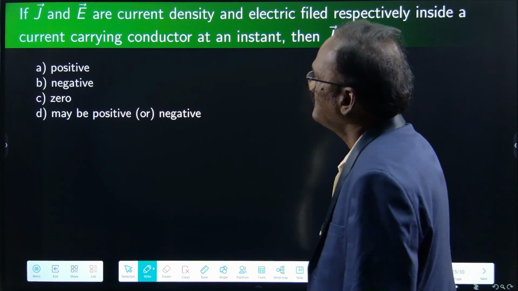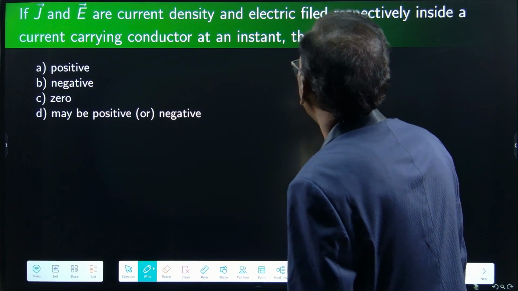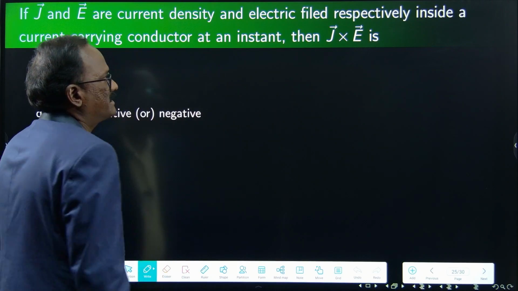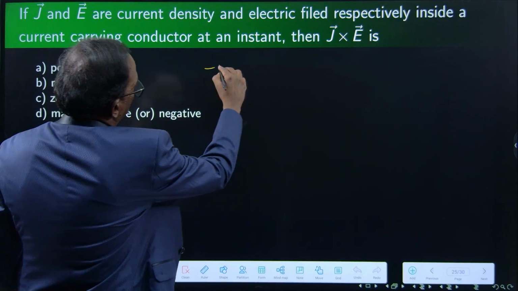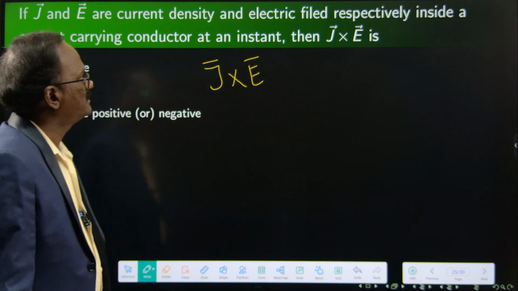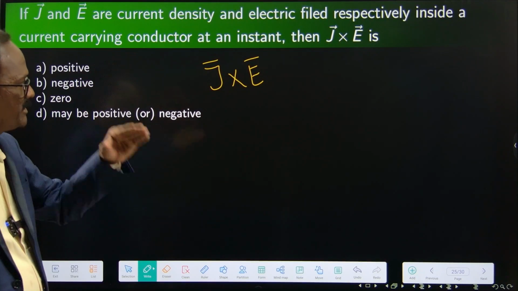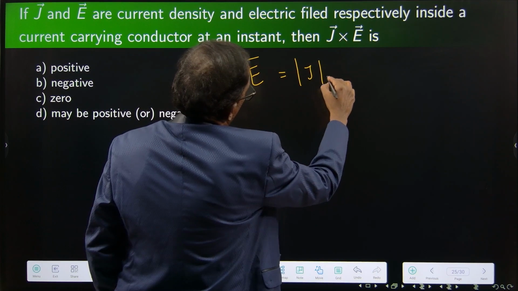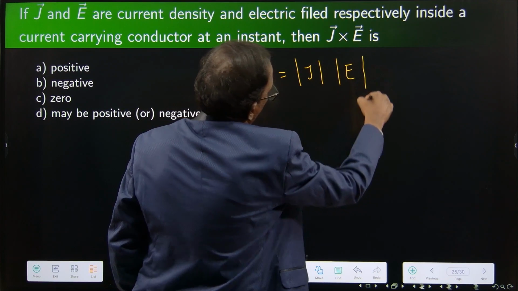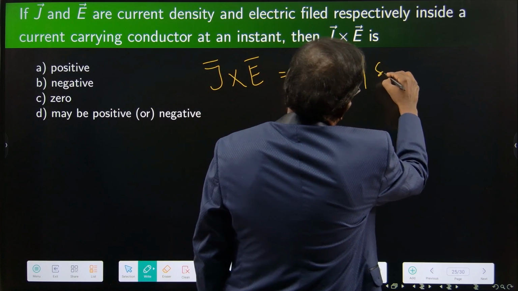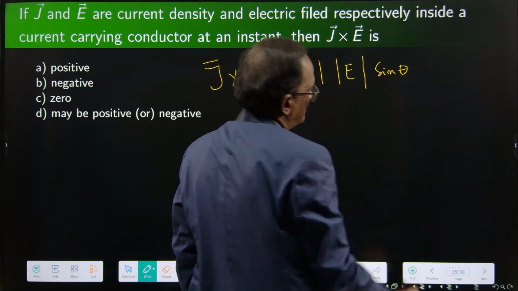If J and E are current density and electric field respectively inside a current carrying conductor at an instant, then J cross E, the cross product, what will be the result? Cross product definition: magnitude of J multiplied with magnitude of E and sin theta, the angle between them.